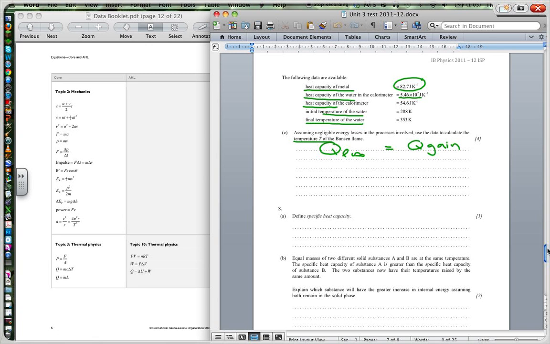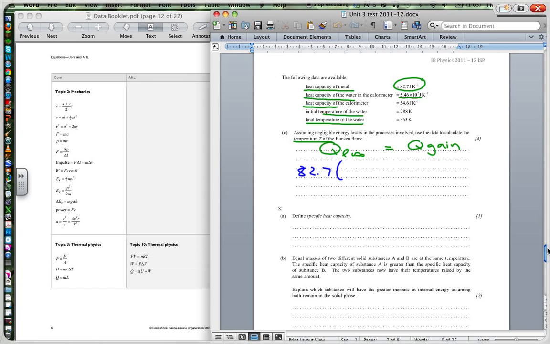Now, for every Kelvin change, there's 82.7 joules of energy. So we're going to have 82.7, and the change in temperature for that.